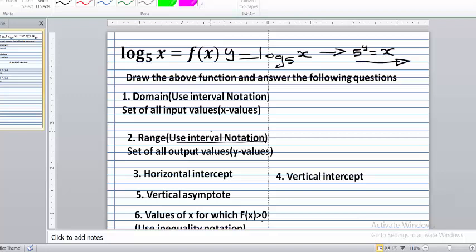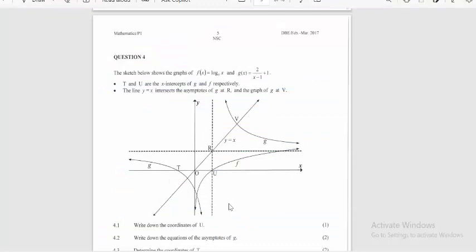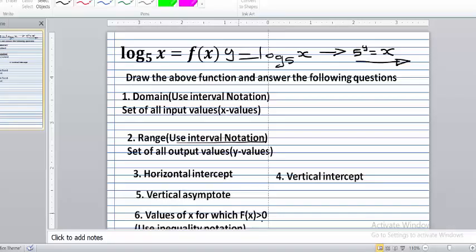Now for me to be able to explain or draw the above function and answer the following questions, I won't even draw it. I'll go to a previous exam question paper which had the function. If we look at the intercepts, we go horizontal intercept firstly. For the horizontal intercept, we have to let y equal to 0, right?